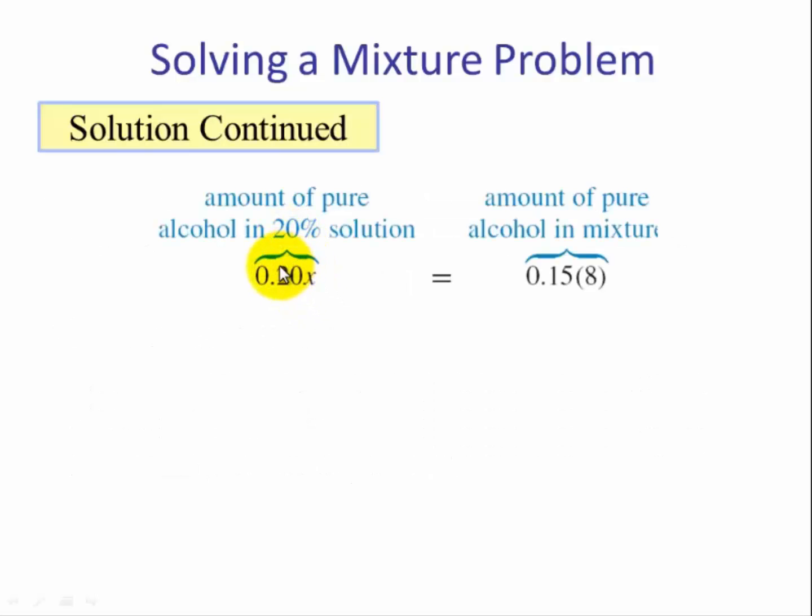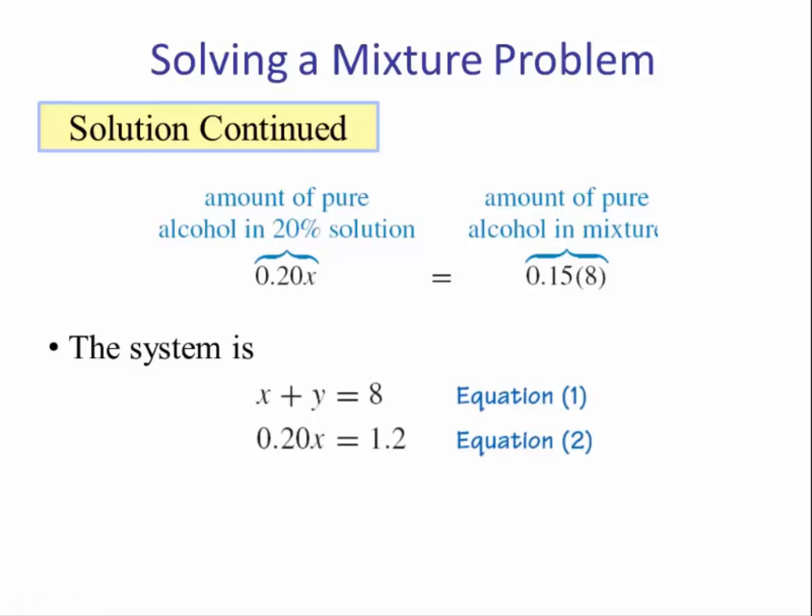So we take the concentration amount, 20%, times the number of cups. The water has 0% alcohol, so there's not a y, and that will be equal to the 15% solution.